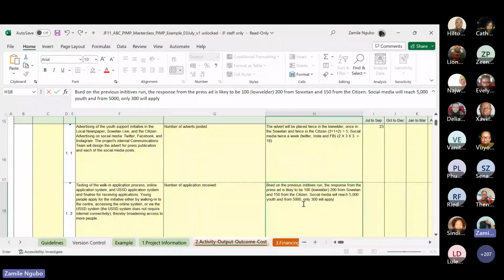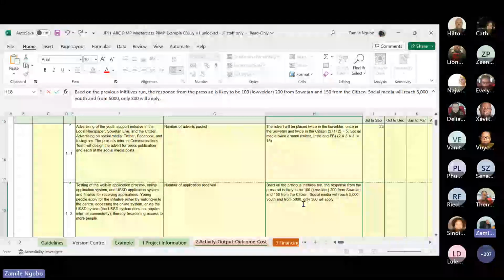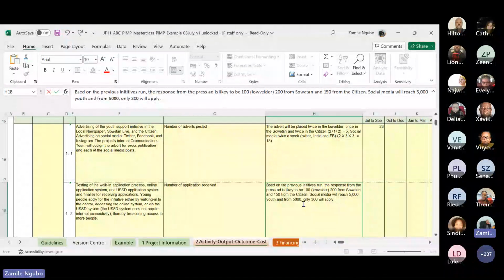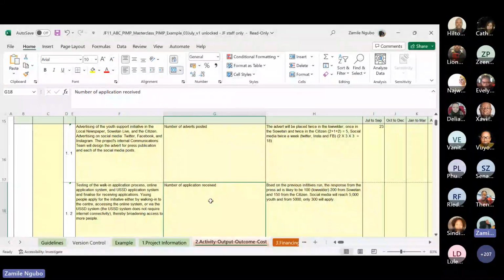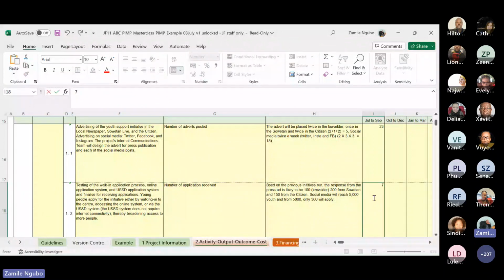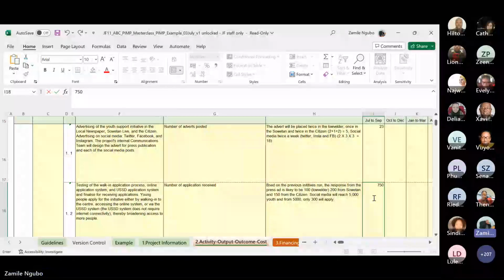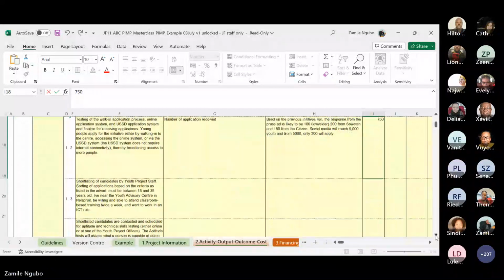So this is our assumption. So when we add all these together, we'll get 750 applications. So this is a target associated with this output, which is the number of applications received. So we are assuming that we'll be receiving 750 applications from young people. I hope it is still clear.